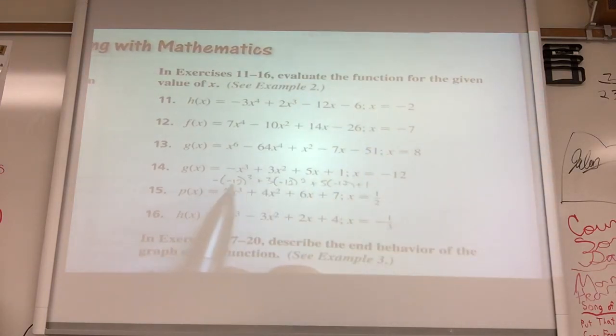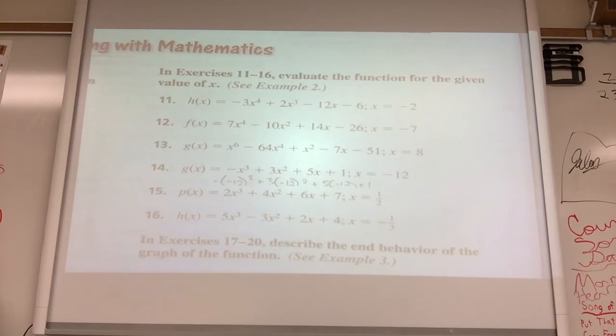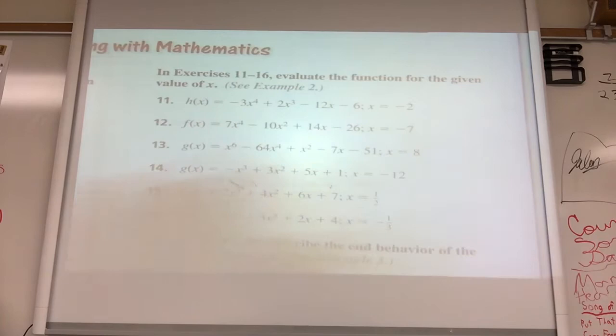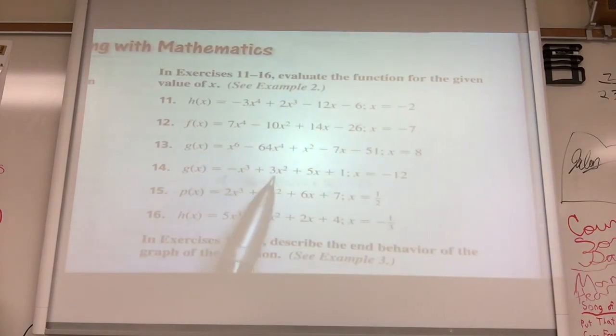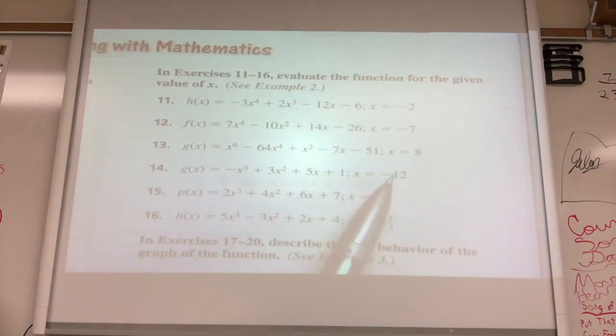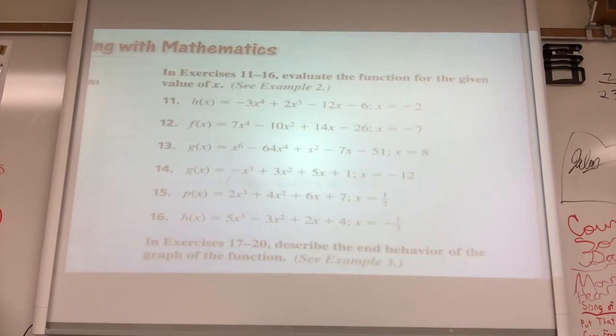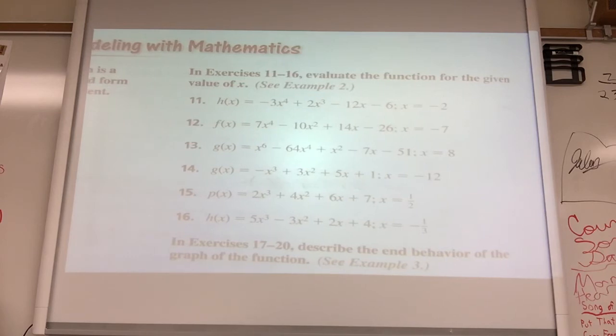And if you typed it into your calculator just like that, it would be fine. It would get you the right answer. And that's probably how I'd do it. Every single place you see an x, I would put a parenthesis and insert that negative 12, or insert whatever x is. Maybe it's 8, negative 7. Maybe it's 1/2 or negative 1/3. That's how I would do it.